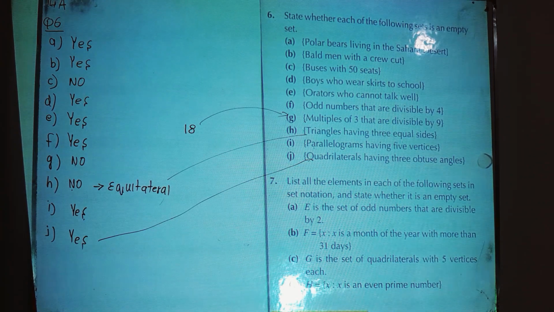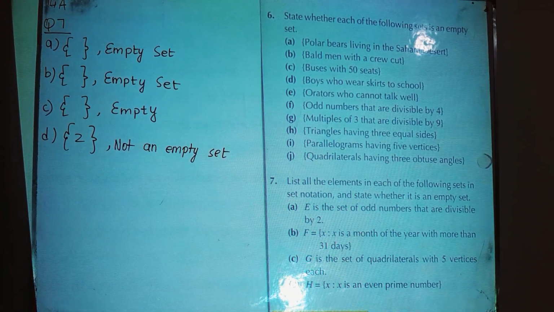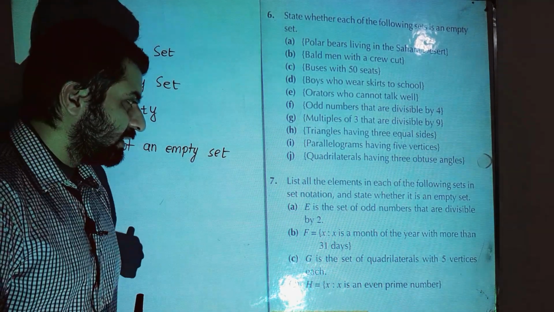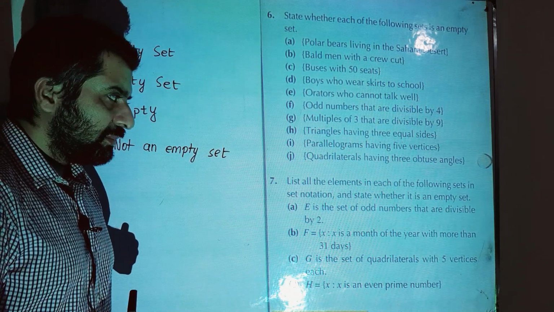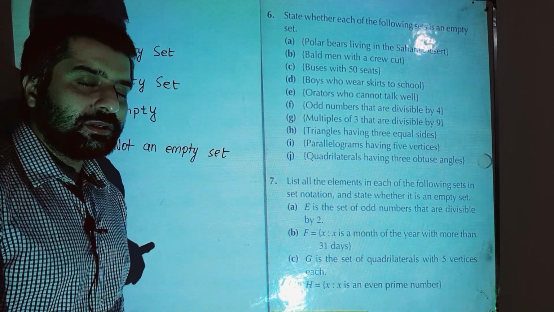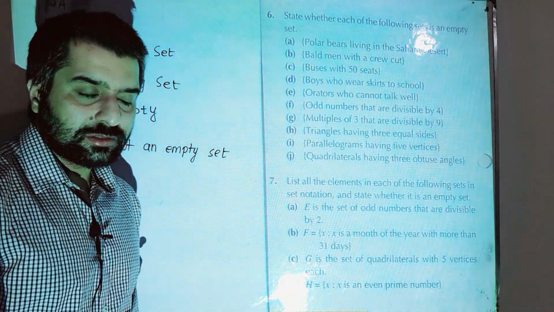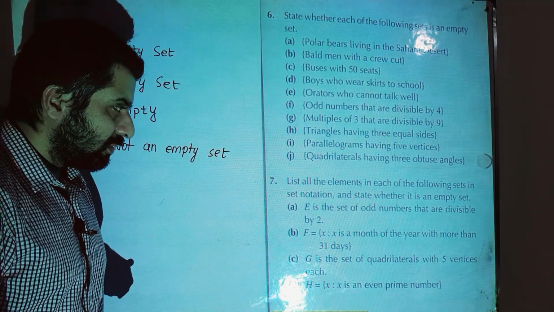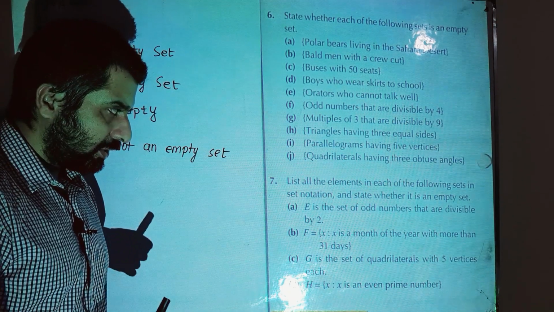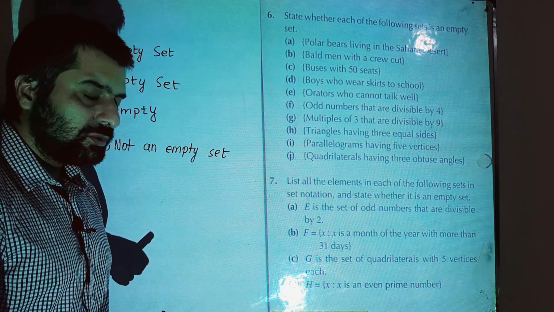Yes is the answer. Question number 7 is: list all the elements in each of the following sets in set notation and state whether it is an empty set. Well, empty set means a set that has no element. Part A: E is the set of odd numbers that are divisible by 2.